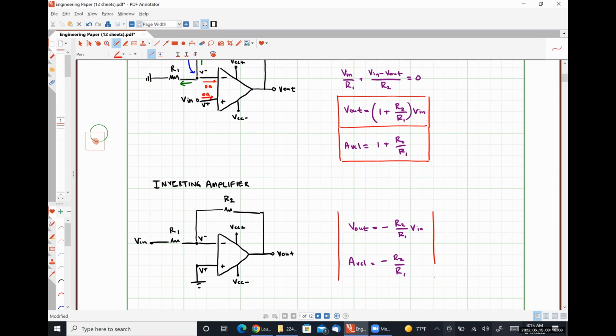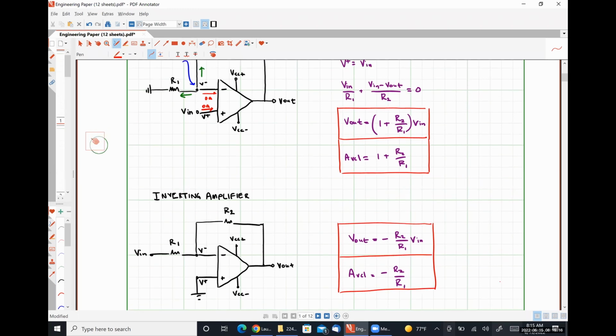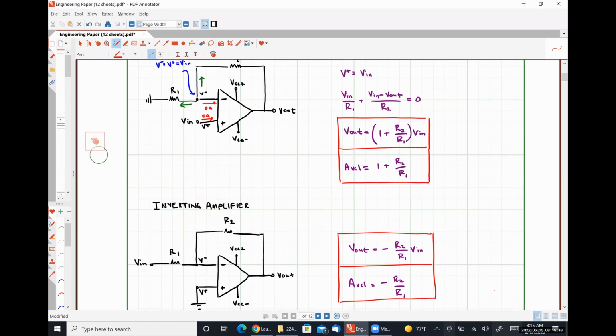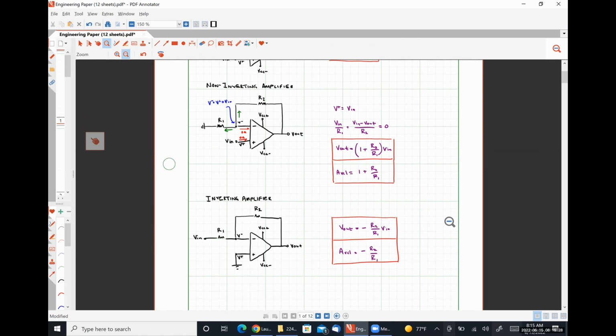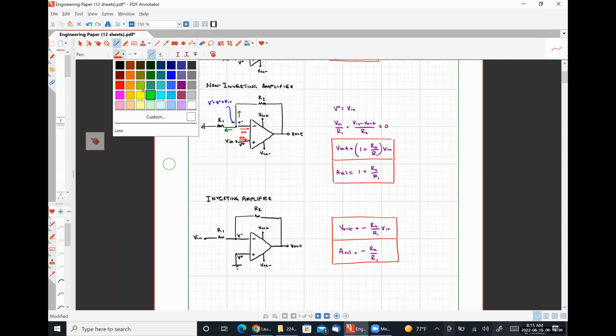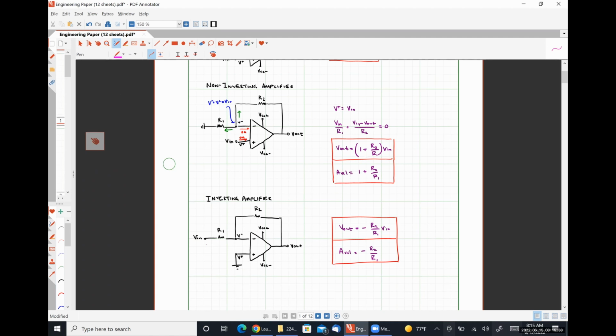What I want to illustrate here is how similar these two circuits are. So I'm going to try to get them on the screen at the same time. Might help if I zoom out slightly. All right, so these two circuits are identical except for the fact that the input signal and ground have traded places.